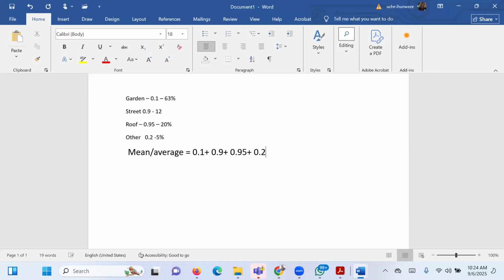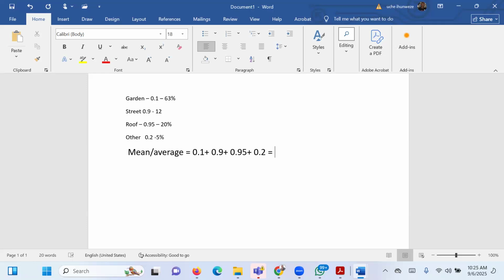This is very elucidating so that you know what we mean by mean weighted average, which is the limitation of using normal mean.